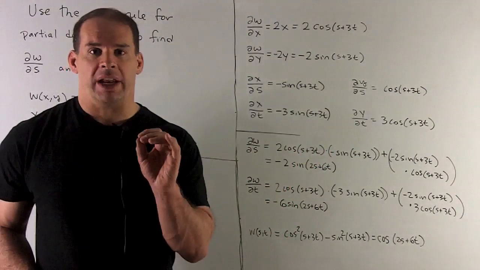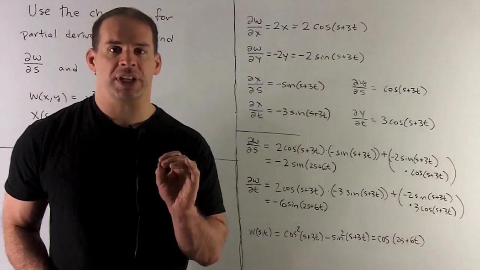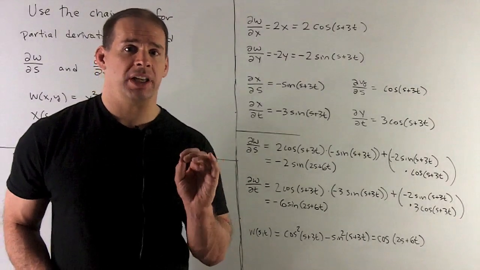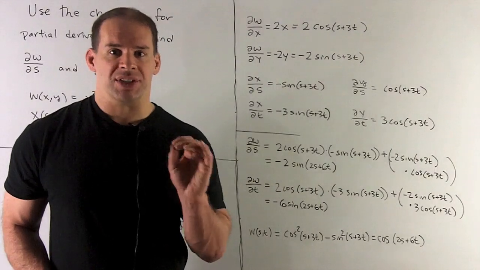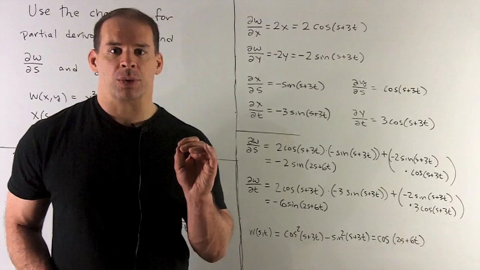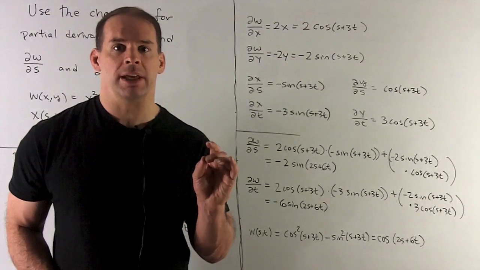All right, for the remaining partials, it's going to be partial of x with respect to s or t, partial of y with respect to s or t, same idea. Here, we're dealing with s and t instead of x and y. So for instance, if I do partial of x with respect to s, x is cosine of s plus 3t.